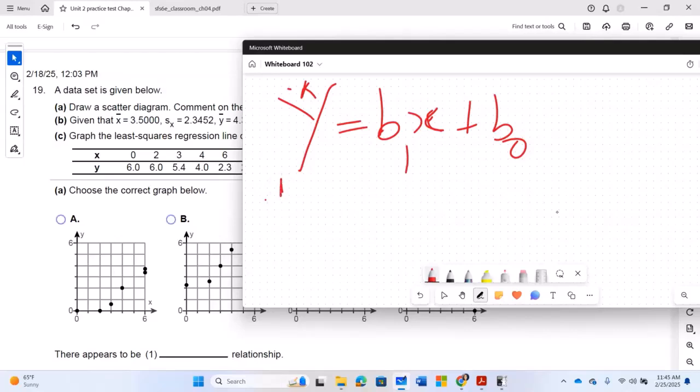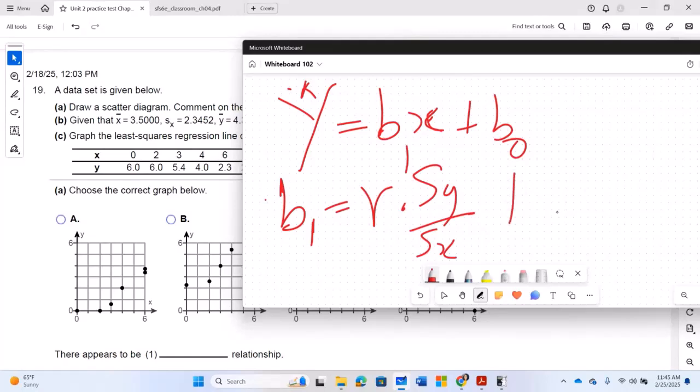So we get the formula. b1 is equal to the coefficient of correlation multiplied by the standard deviation of y over the standard deviation of x.